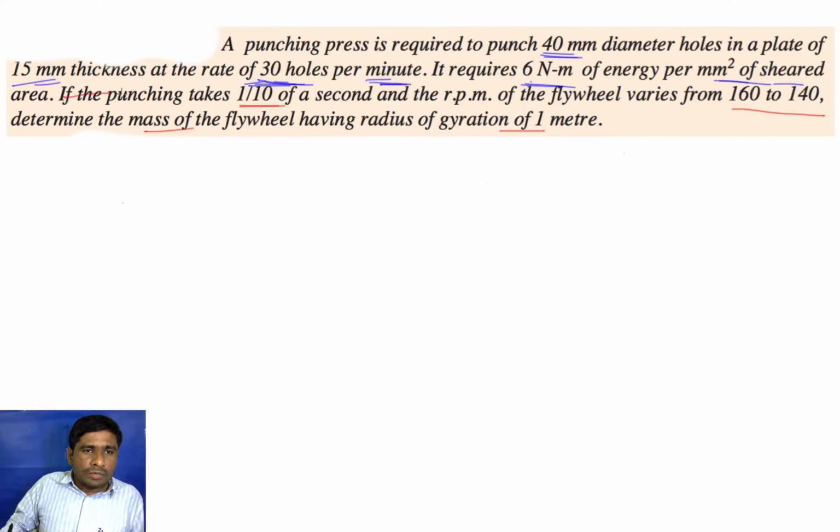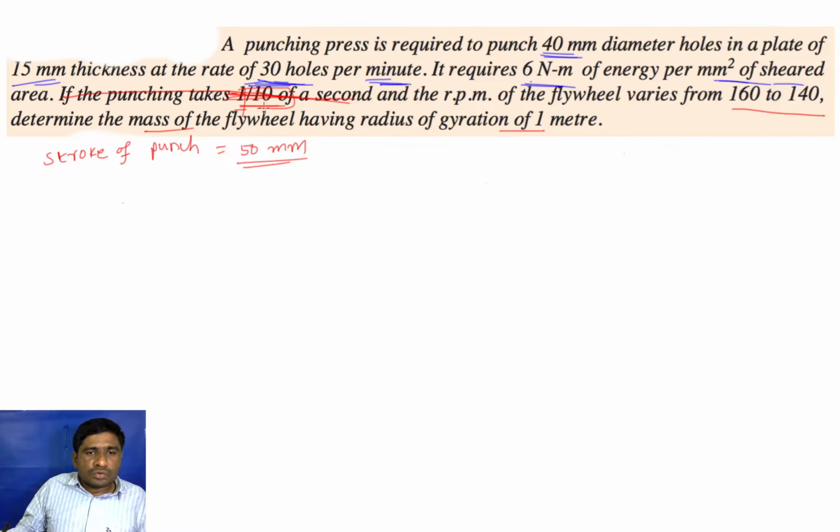If the punch takes 1/10 of a second is not given, and instead we are given a stroke of the punch equal to 50 mm, then how do we calculate?